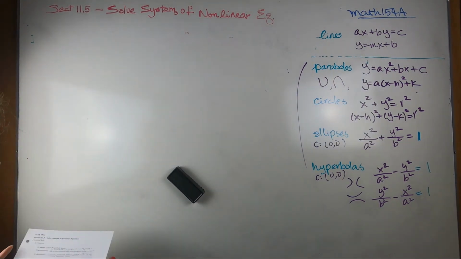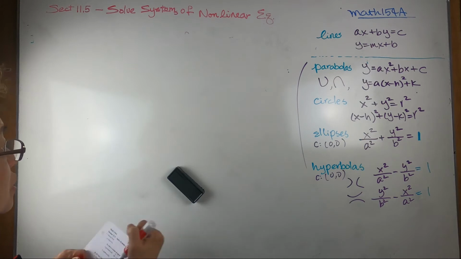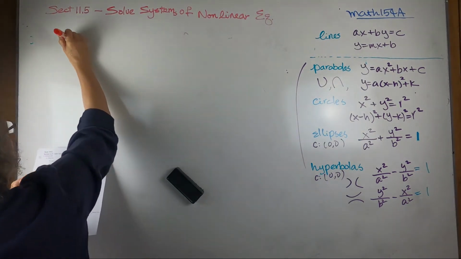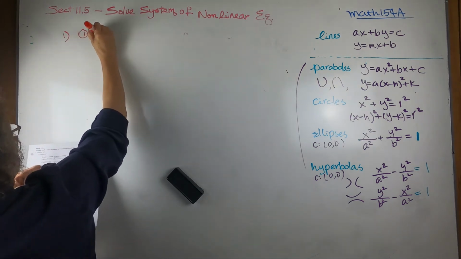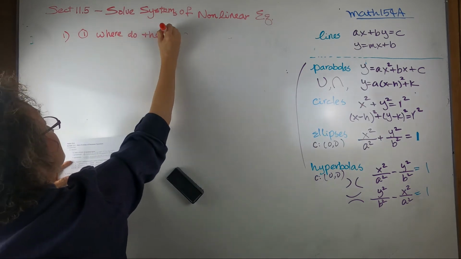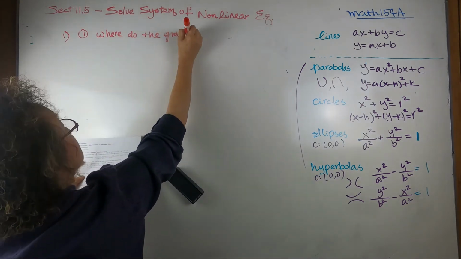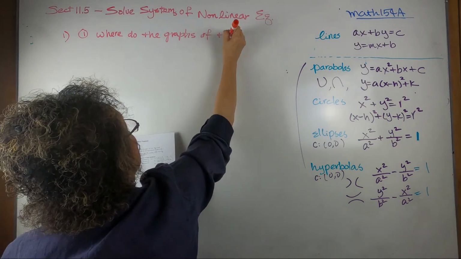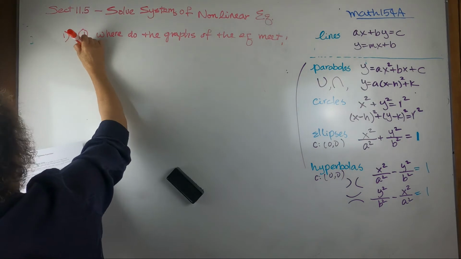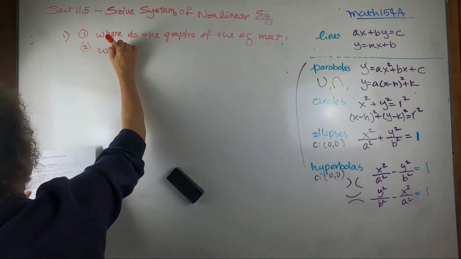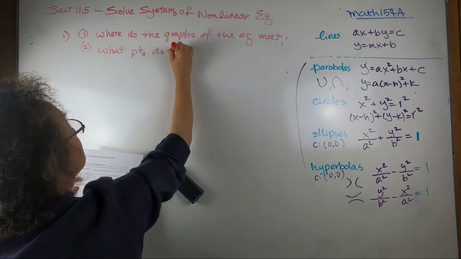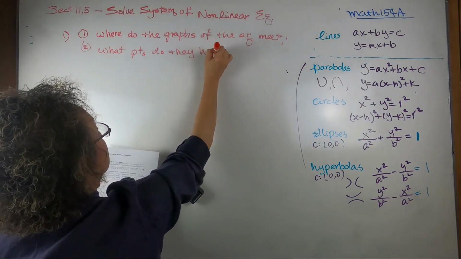To solve a system of equations means, geometrically, we ask where the graphs of the equations meet, or at what points they have in common.